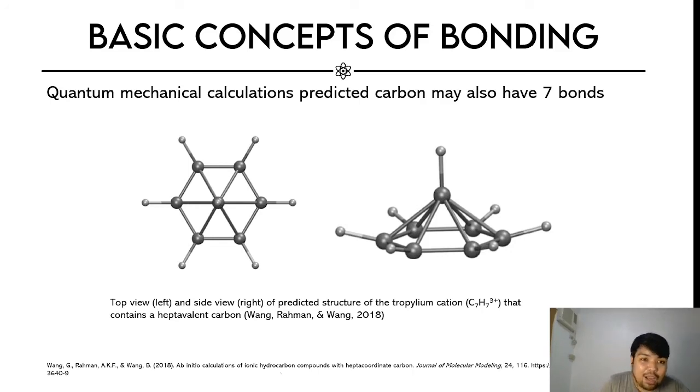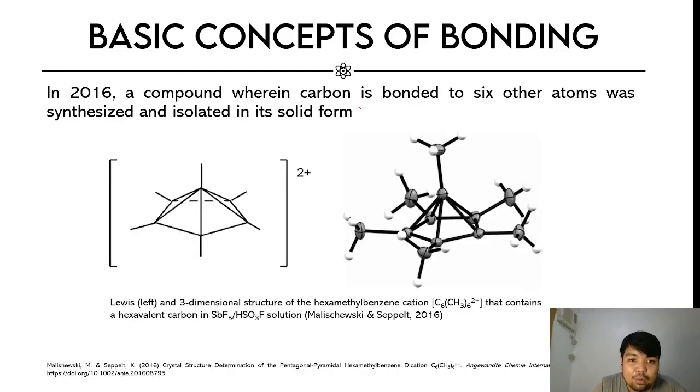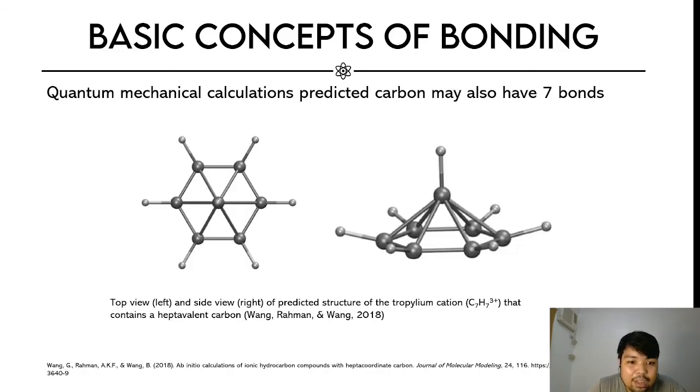Again, a disclaimer: this has not been made or synthesized yet, unlike the one I showed earlier. In theory it can exist, but it has not been synthesized. If it ever is, it will only exist at even lower temperatures than the 6-bonded carbon.